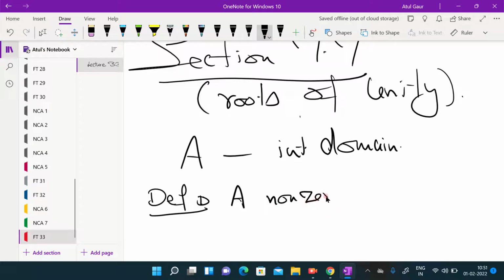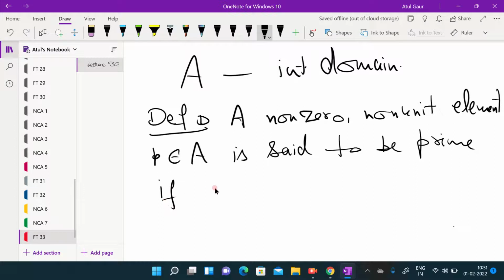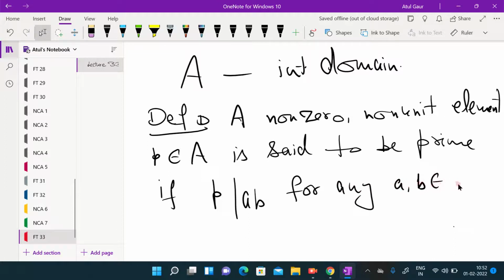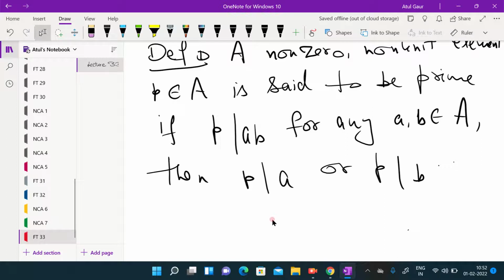A non-zero, non-unit element P in A is said to be prime if P divides AB for any A, B in a domain, then P divides A or P divides B. So, or equivalently, that's fine. So this is the definition of prime element.